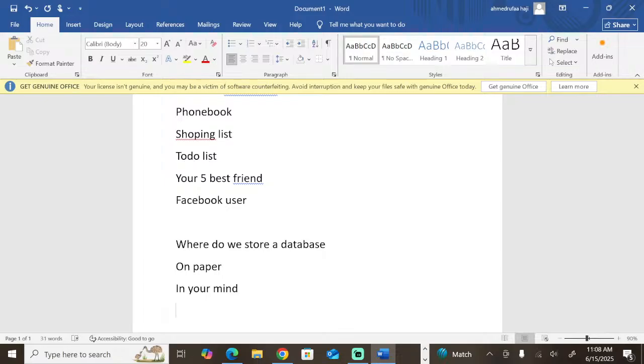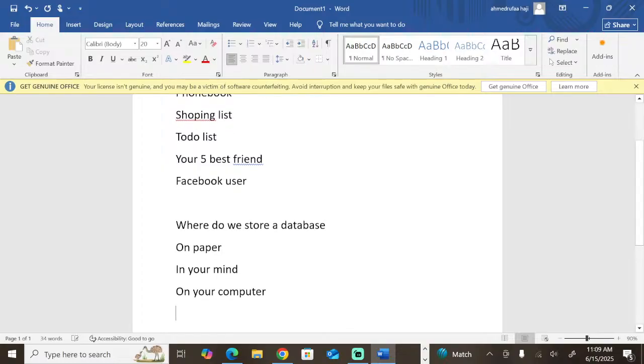And we can also store a database on your computer. PowerPoint also is just an example, right?